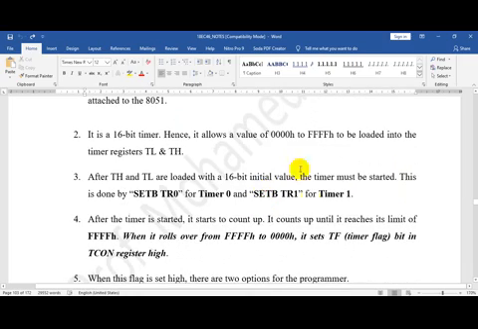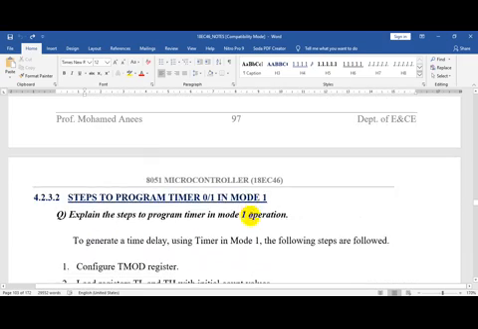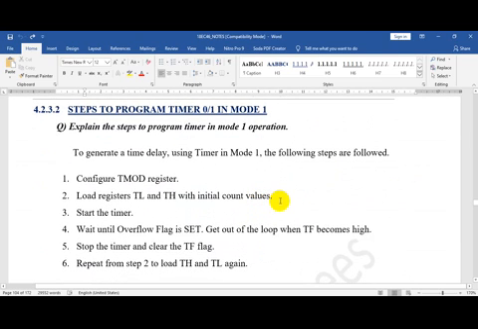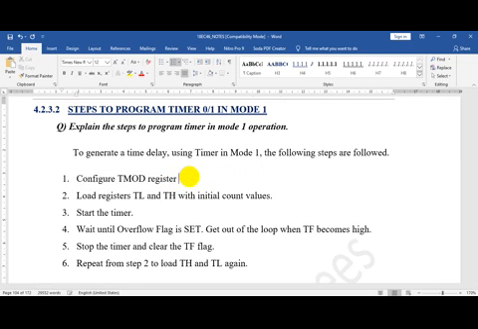The same has been written. You can read it. Now, what are the steps to program timer 0 or 1 in mode 1? First step, you have to configure the TMOD register. Here you have to configure the TMOD register in mode 1 operation, because we are discussing mode 1 here.